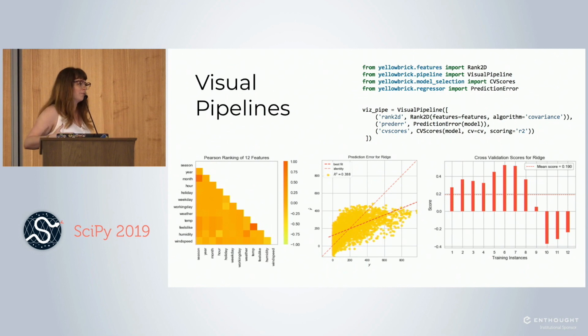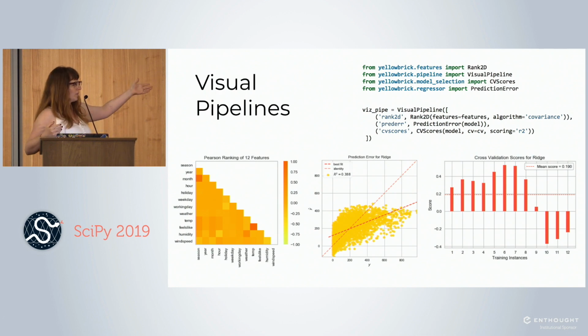And this lends itself to a visual pipeline. If you're familiar with the concept of a pipeline in scikit-learn, where you can chain together a series of transformers and estimators and treat them as a single object, you can quickly see how it would be helpful to do something like this with visualization because it tells a complete story.